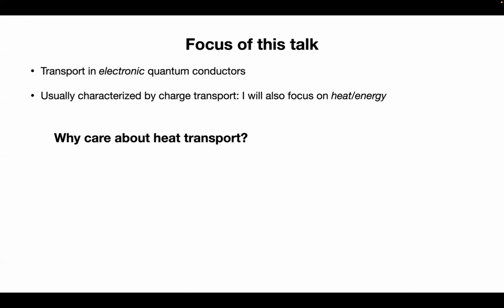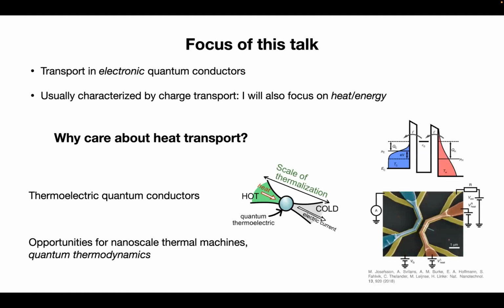So first of all, why care about heat transport in these systems? When you have a quantum conductor, you have situations where basically the system is so small that the scale of thermalization is larger than the system size, and so you cannot define an internal local temperature. You just have the two reservoirs, and that's it.